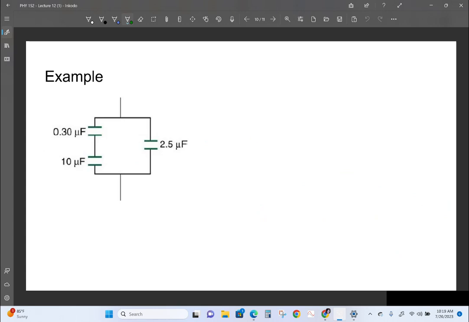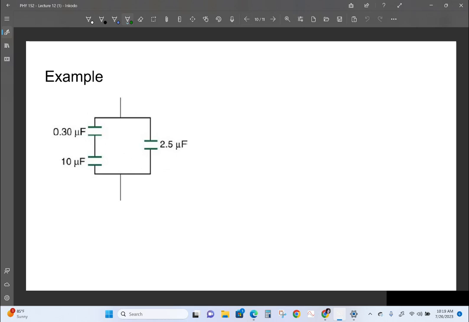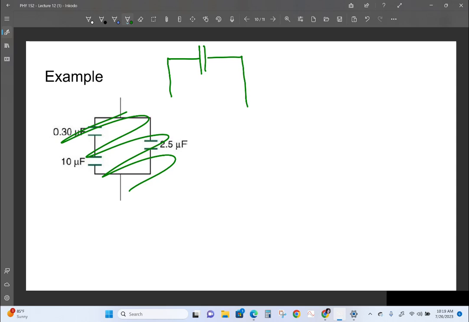If I have capacitors that are all in parallel, let's do an example like that. Let's say I have 10 microfarads, 2.5 microfarads, and 0.30 microfarads, and I want to find the equivalent of that.